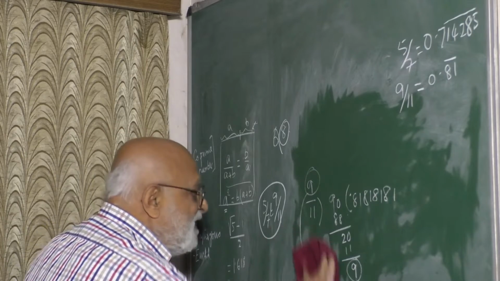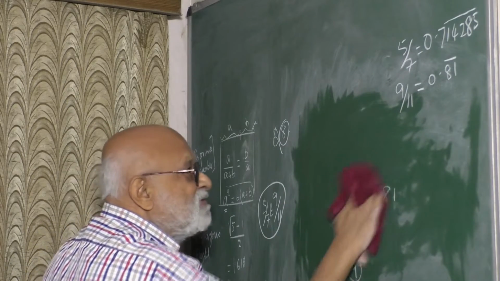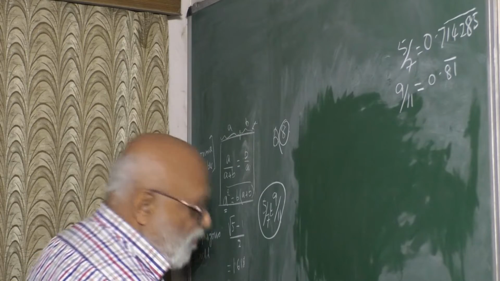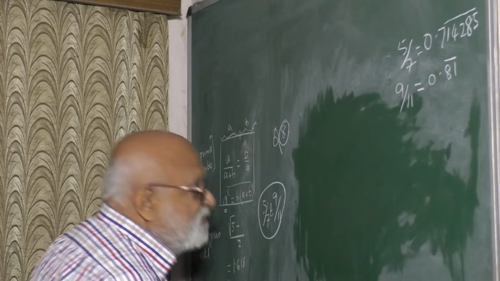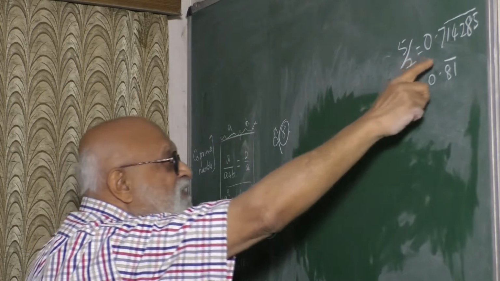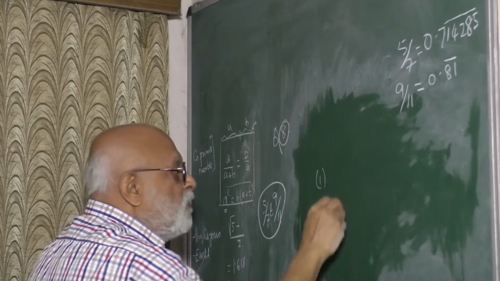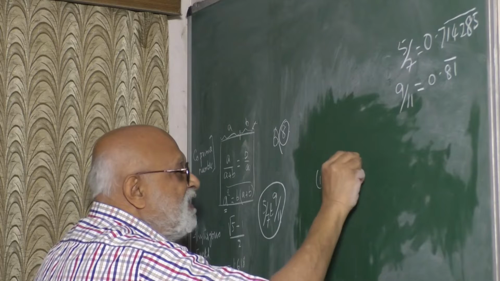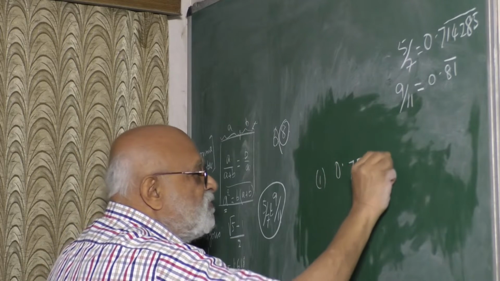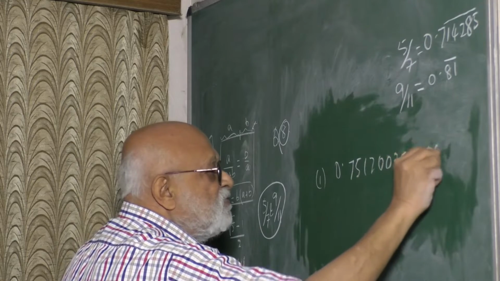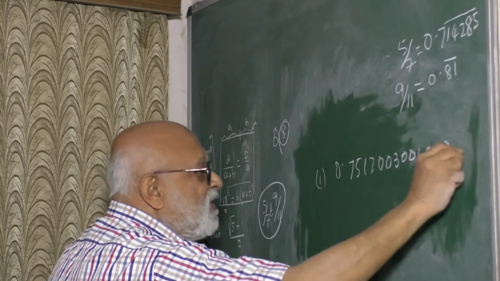This is 3 irrational numbers. So first of all, I know that the beginning of the first one should be greater than this one. So I can write 0.75120030060002. I can keep on writing.